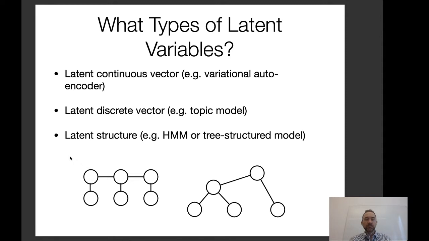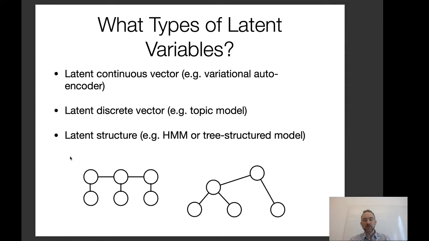So what types of latent random variables are we able to use in training models? Some examples of this are latent continuous vectors. So basically we have a latent vector, kind of like a hidden state in a neural network, that instead of being a deterministic variable is a random variable, and we can calculate probability distributions over it, etc. We can also have latent discrete vectors.